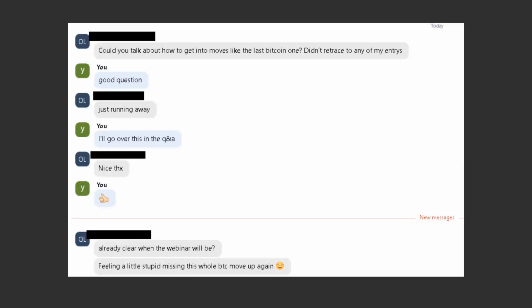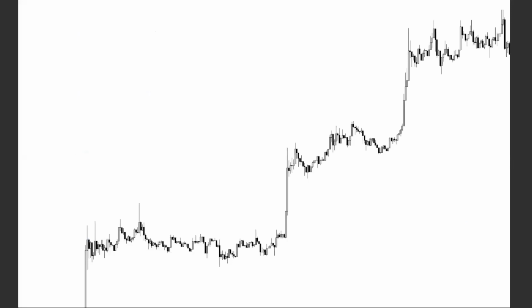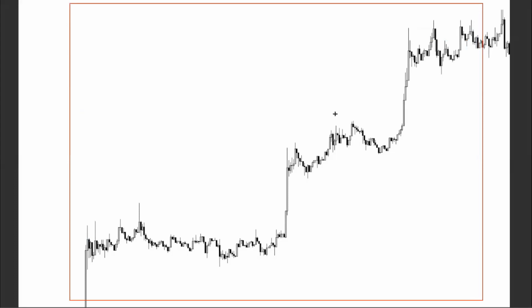I want to comment on feeling stupid, missing out on moves, because it's a mindset that you want to avoid. And a good way of thinking about this is, to me, the size of the move doesn't matter. It doesn't matter that this was a massive move.